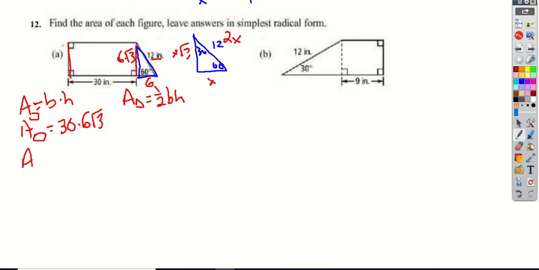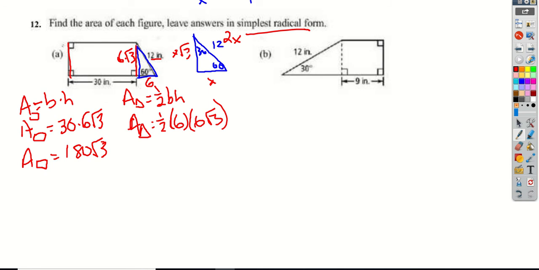which means the area of my rectangle, 30 times 6 is 180 times radical 3. And I'm going to leave it like that because it says simplest radical form. And my triangle becomes 1/2 base 6 times 6 radical 3. Now I'm going to take half of 6 first here and get 3, and then do 3 times 6, which is 18 radical 3.